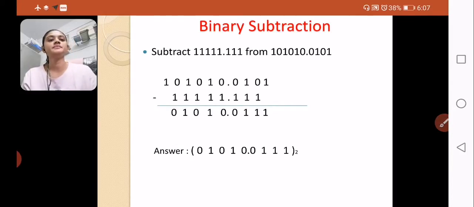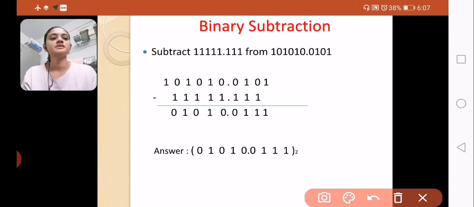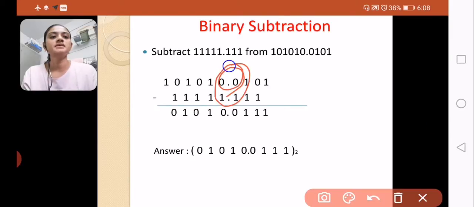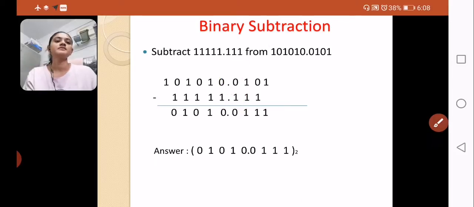The second thing that you have to remember is that you have to put the second number and first number so that the position of the decimal point is at one position. That means both should be matched. You cannot write from the right hand side or left hand side. The two decimal points must be matched. Okay, after this step you have to perform the usual subtraction rules to subtract these binary numbers.